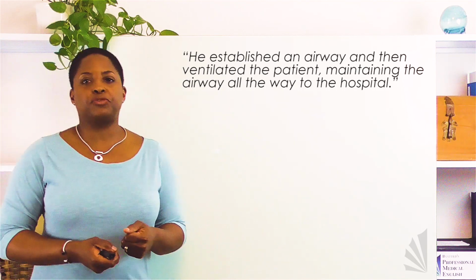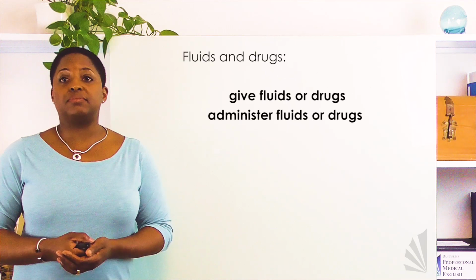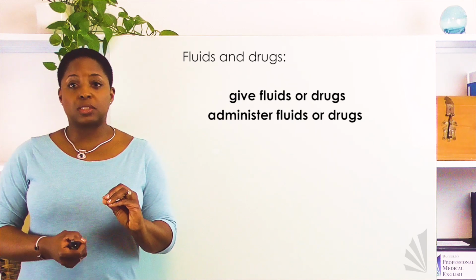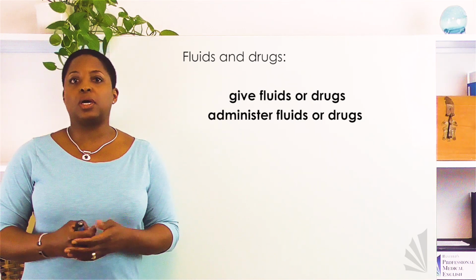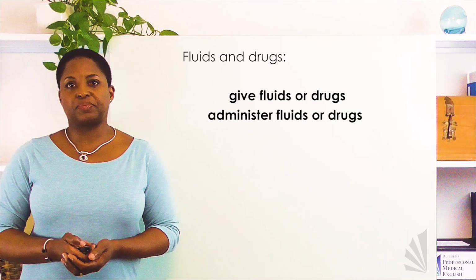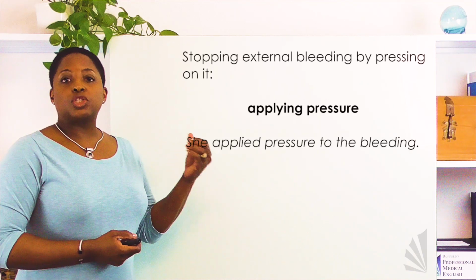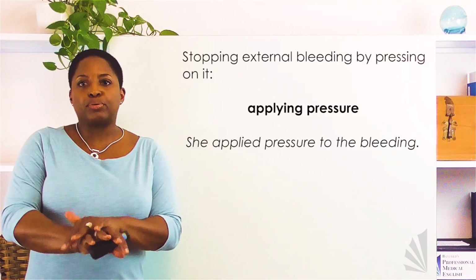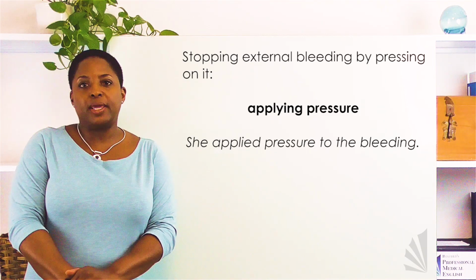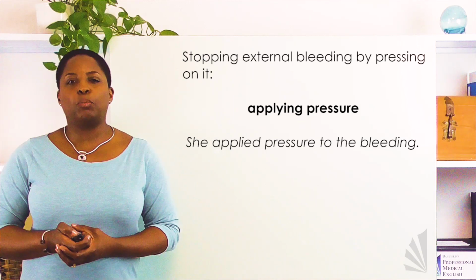So what else does the first responder do? They give fluids or drugs, for example, saline or glucose. You can say give drugs or give fluids, of course, but you can also say administer fluids or drugs. You talk about stopping external bleeding by pressing down directly on the point when it's possible. Here we talk about applying pressure.